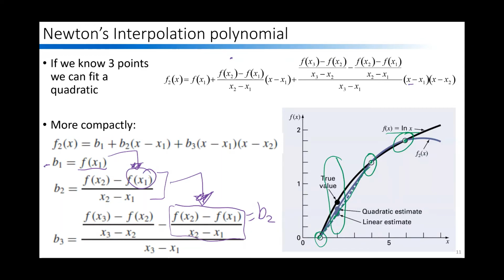I also want to point out that when I look at these terms, going from left to right on b3, I have f of x3 minus f of x2 over x3 minus x2. So we have matching x's. In the second term, I have x2, f of x2, and f of x1, terms which are once again matching. And I do the subtraction.